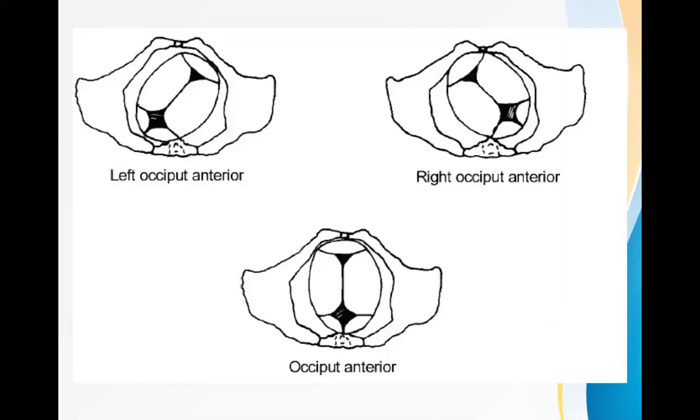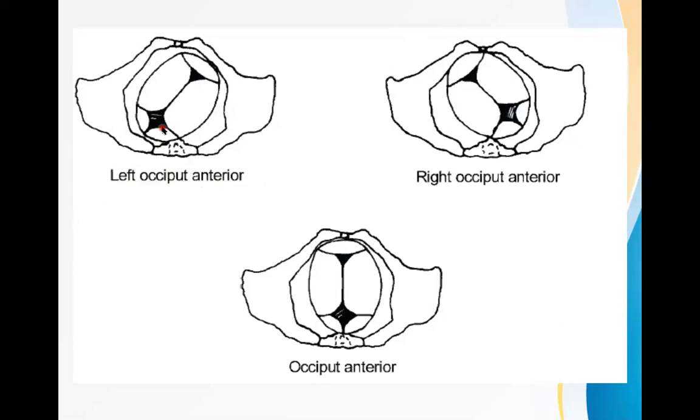Now that thing which we just talked about, look at this picture and try to understand. See here now. So this is left occiput anterior. Now why is it called left occiput anterior? That's the point you need to understand from this picture.